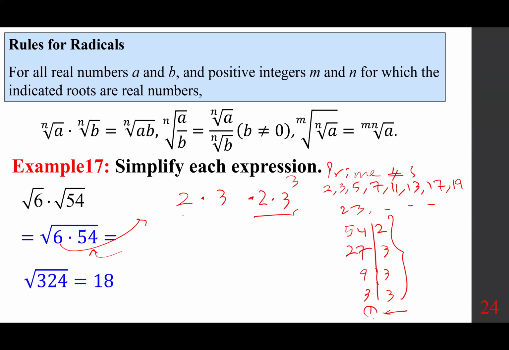So what you're dealing with here is 2 squared times 3 to the power of 3. If you want to take a root of that, this comes out as 2, and this comes out as 3 squared. 2 times 3 squared, 2 times 9 equals 18. Okay? So the factoring will help you come up with the answer in this manner.